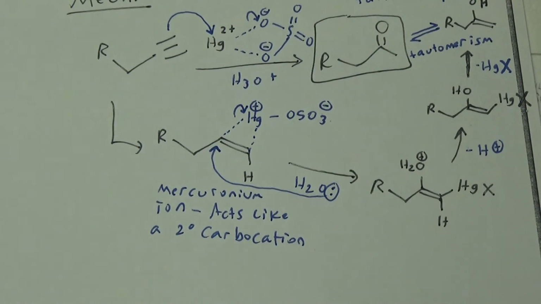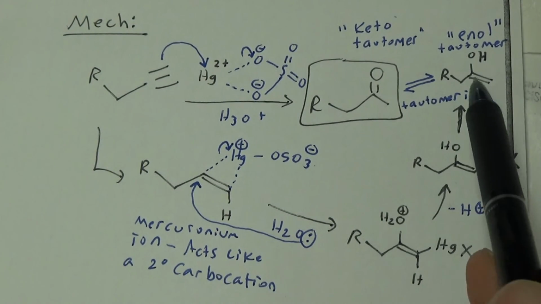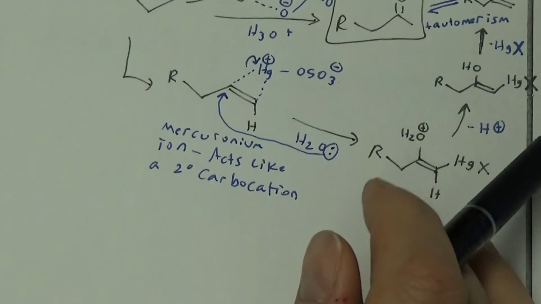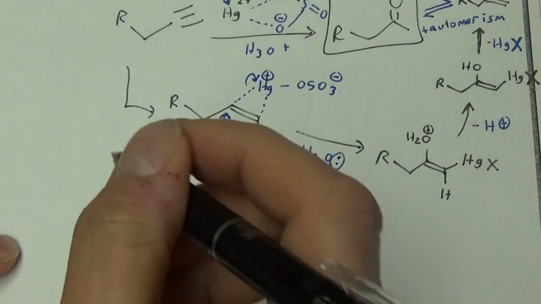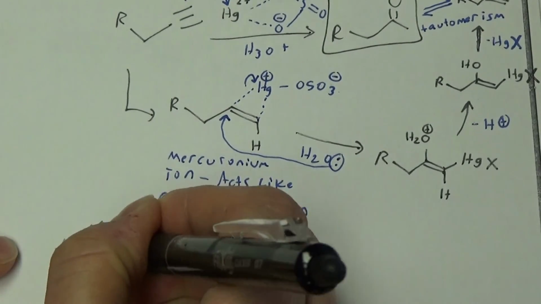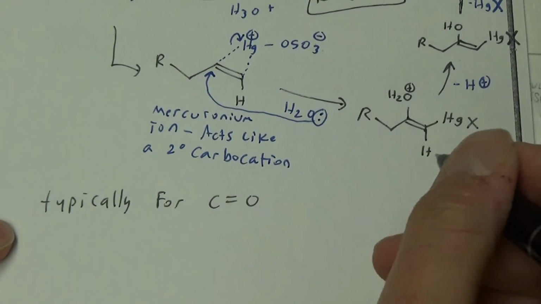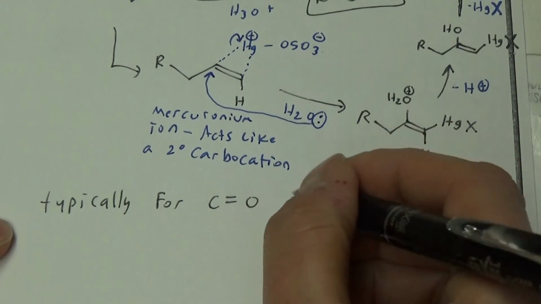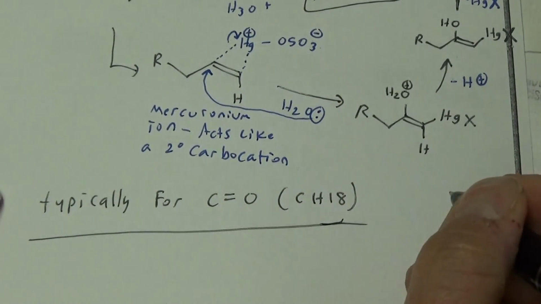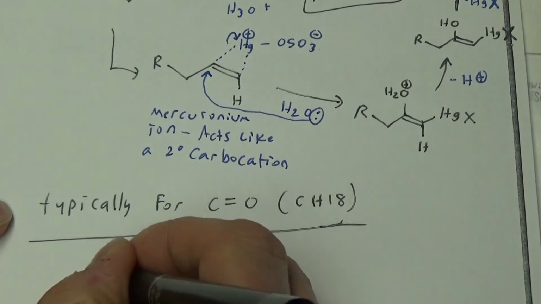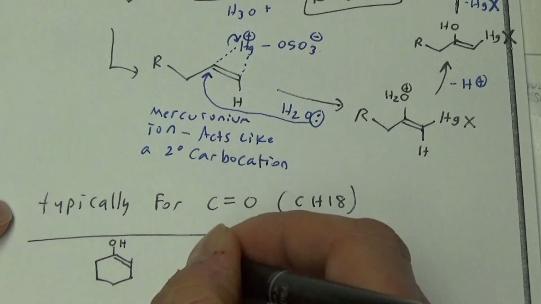Alright, so another thing about this tautomerism concept, between the enol and the keto tautomer. This is a preview of some stuff we'll learn later. It's really not that bad though. Typically, for all types of carbonyl functional groups, ketones, aldehydes, also esters and other things, we'll learn about this in chapter 18, if you've got a ketone or aldehyde, they have these two forms.